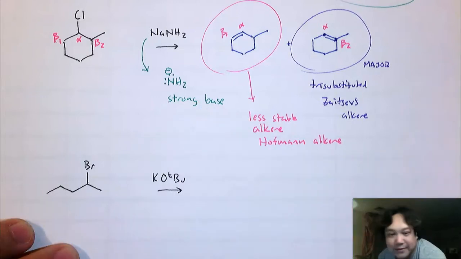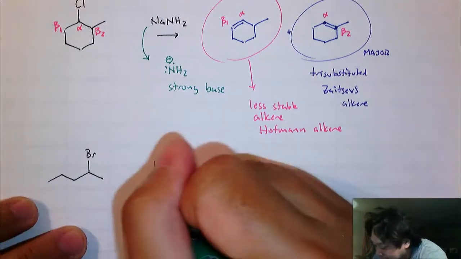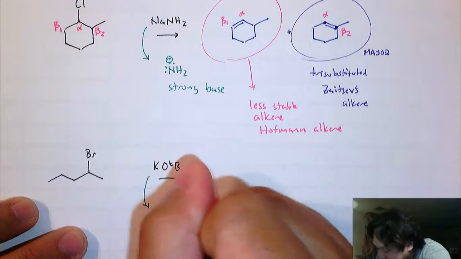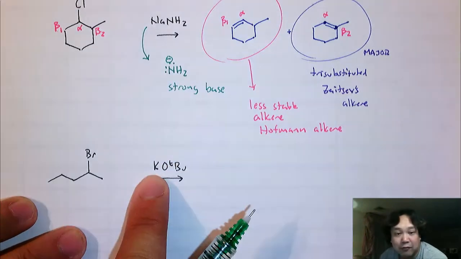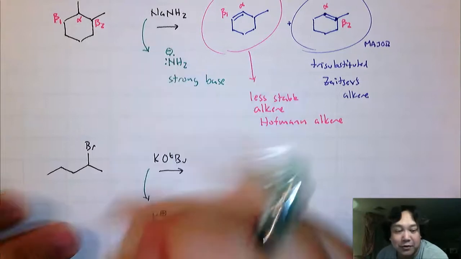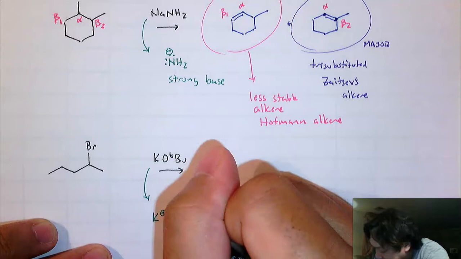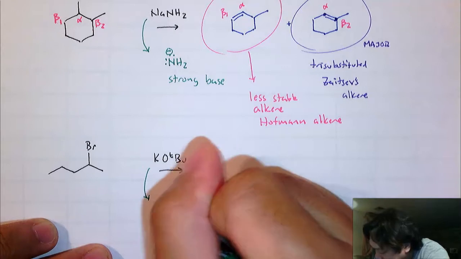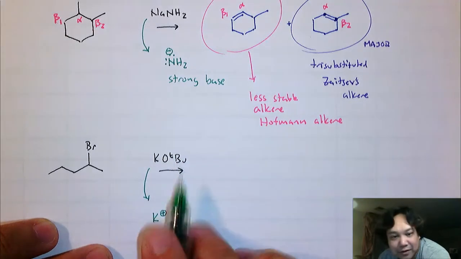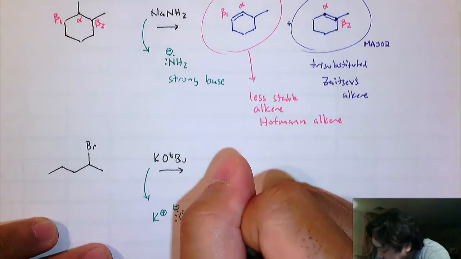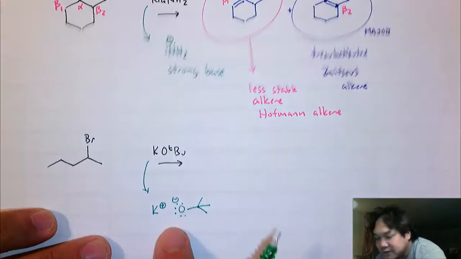Oh my goodness, what is that? Potassium is K+. That's a group 1 metal, just like sodium, and so you're going to dissociate it. And then we have an oxygen. Remember t-butyl? The crow's foot. It's this. So that's a strong base.